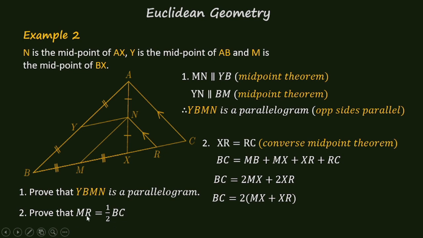If you look at MX plus XR, this gives us the length of MR. So we can simply write that as 2MR. If we divide both sides by 2, therefore MR will be half BC.